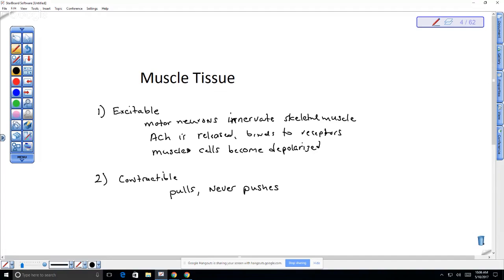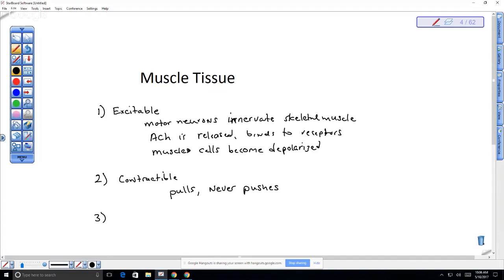And so this ability to contract will pull on bones and can lead to movement, right? Sometimes when we talk about smooth muscle contraction, remember the muscle kind of contracts on itself. And so contraction can cause vasoconstriction of blood vessels, right? And contraction of the heart can propel blood up and out of the ventricles to the body, okay? But this idea that it has to be contractible, we'll talk about why it is contractible in a little bit, okay?